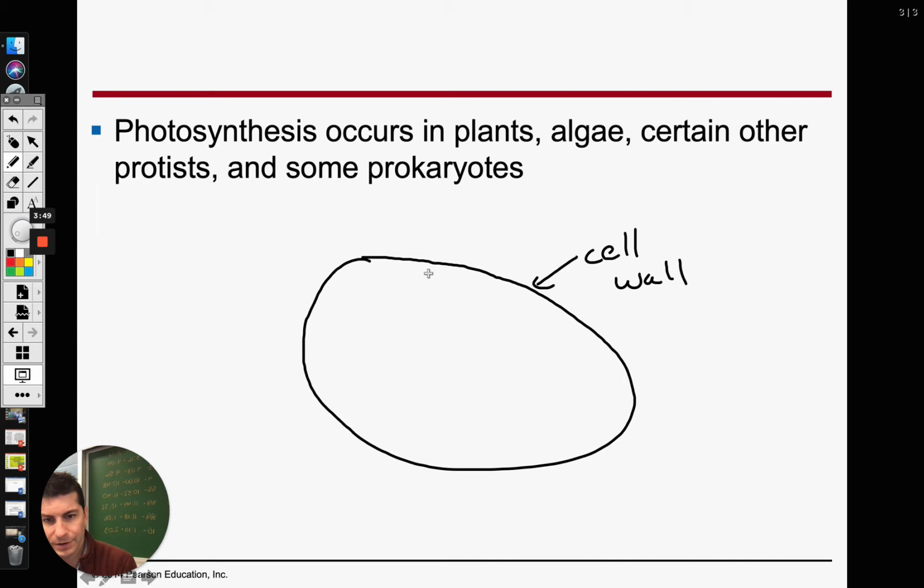And then they're going to have an inner membrane, which is a cell membrane, okay? But for prokaryotes that are able to go through photosynthesis, we are going to fold that inner membrane a little bit, okay? I'm only going to fold it in a few areas here.